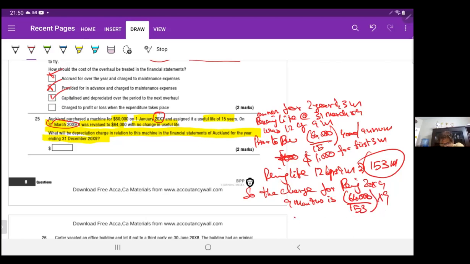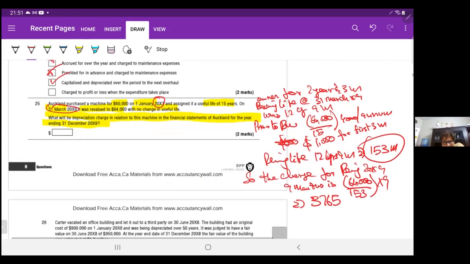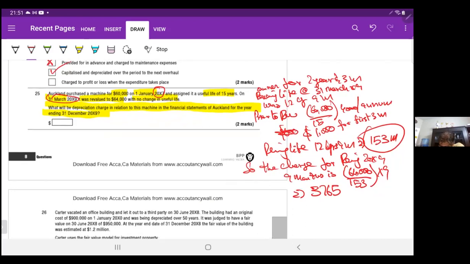This we will get, how much? 3,765. Okay, and so the total depreciation is 1,000 plus 3,765. We'll get 4,765. Right. I hope you got it.